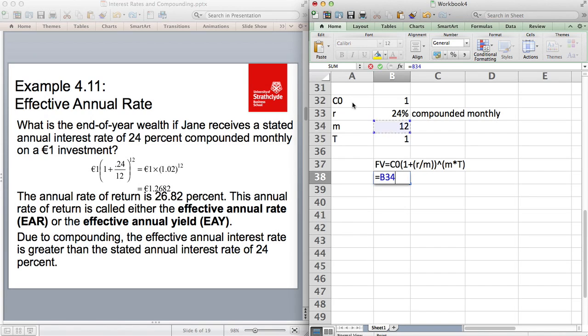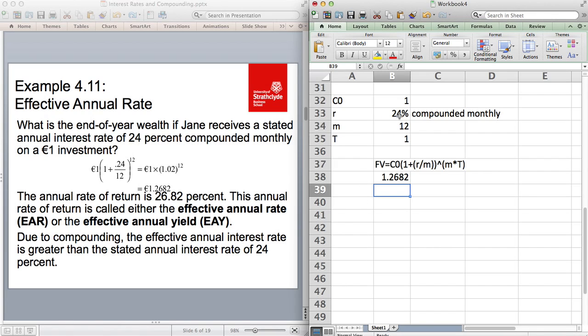It's equal to C naught times 1 plus R divided by M to the power M times T. T is 1. 1.2682, and that's what you get here. So that's the future value.